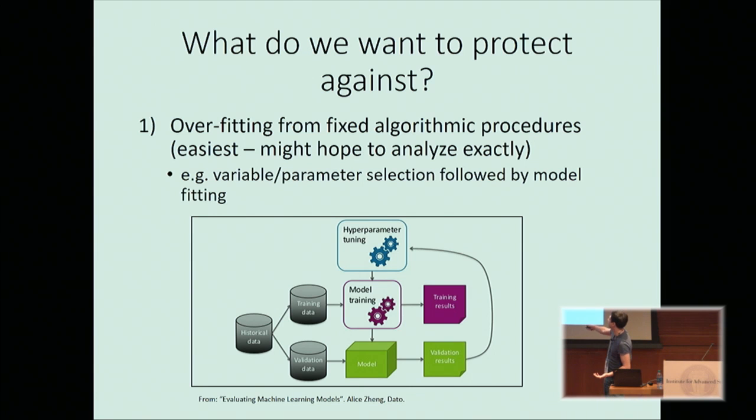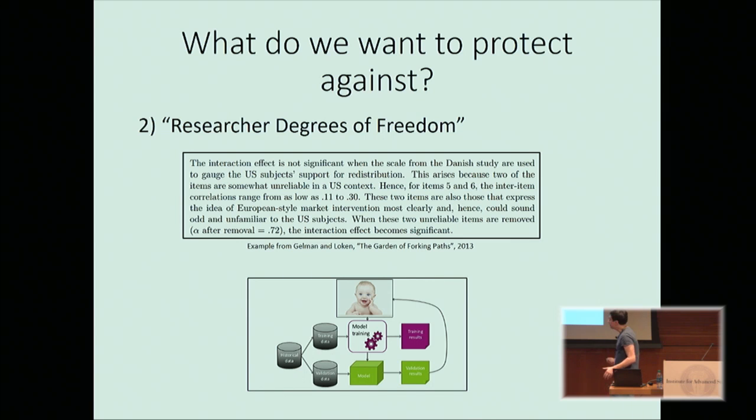Okay, there might be some feedback loops in which your algorithm makes changes to the model as a function of the data, but everything's precisely specified. You could, in principle, hope to analyze such a thing. Okay. Maybe a more difficult but equally important problem is what Gelman and Loken, in their very interesting paper called The Garden of the Forking Paths, call researcher degrees of freedom.